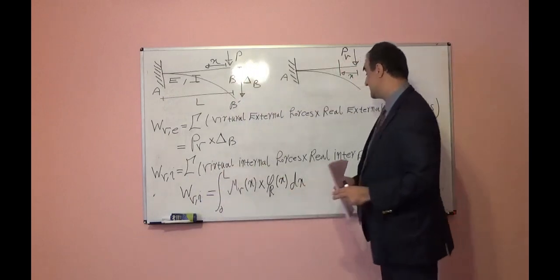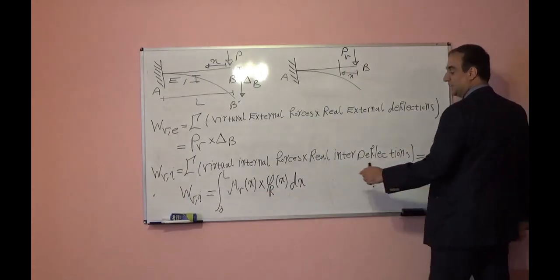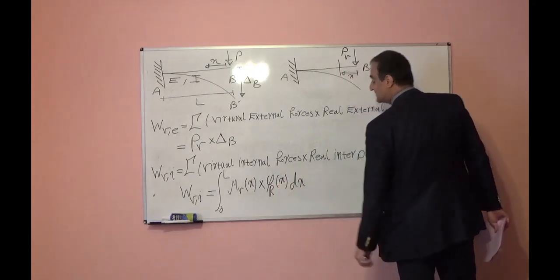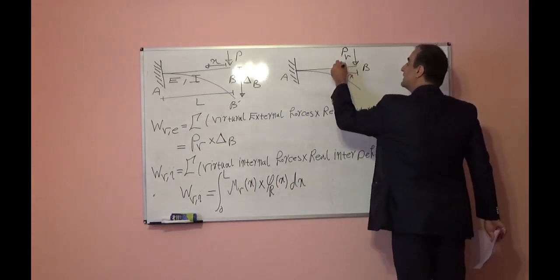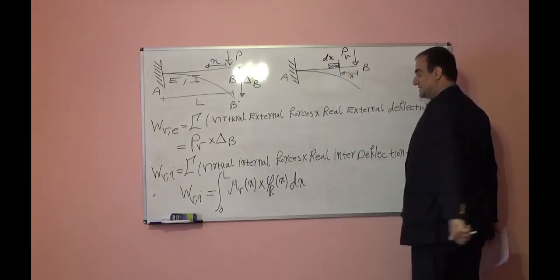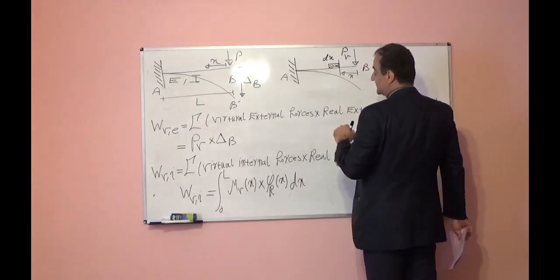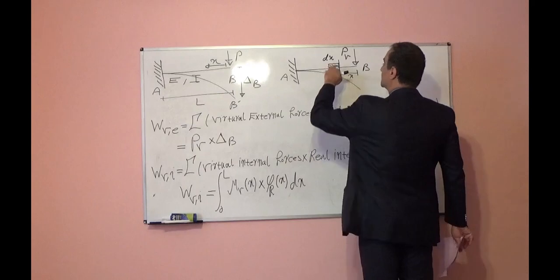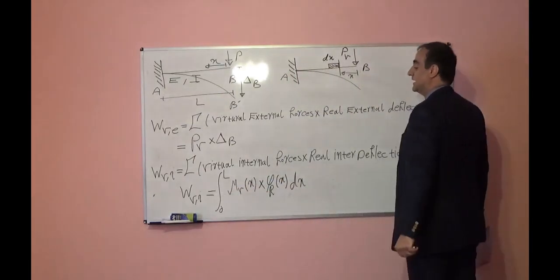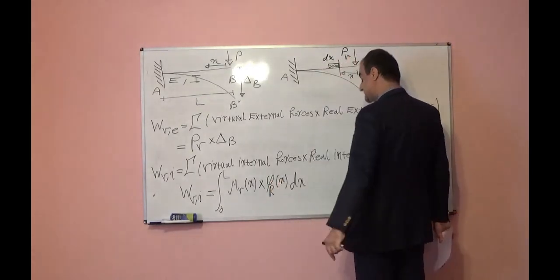So virtual internal forces will be mvx times real internal deflection, it is curvature phi Rx times dx, because for one small element, the length is dx. The internal virtual moment effective on this element is mvx, and the curvature of this element is phi x.